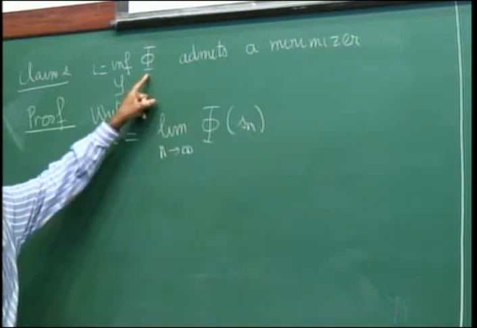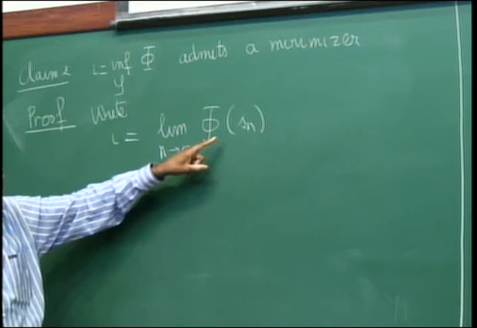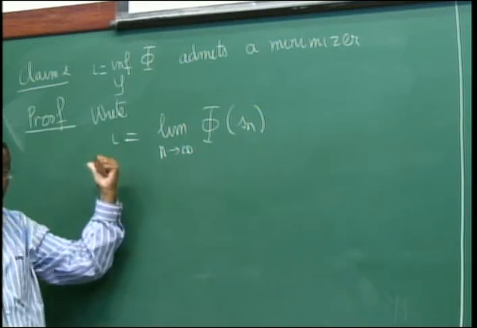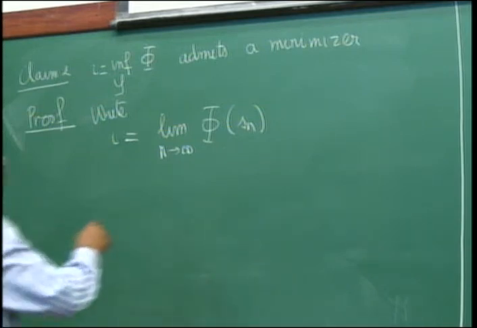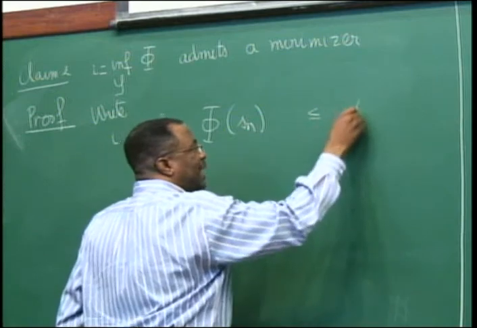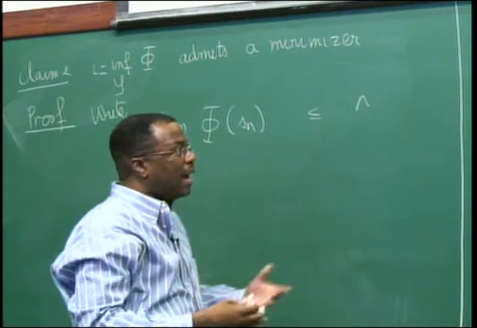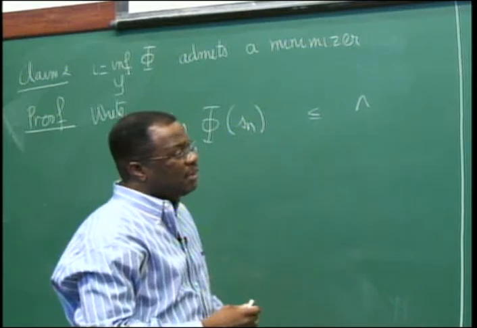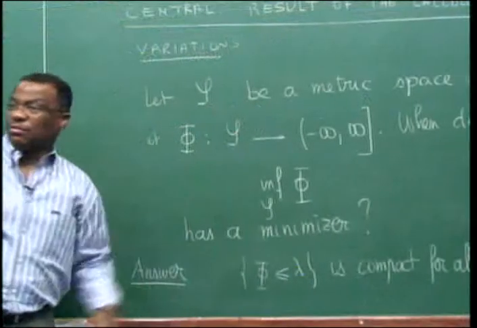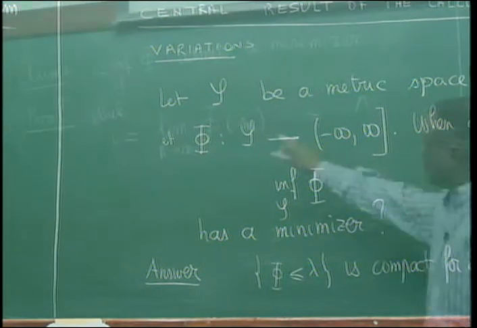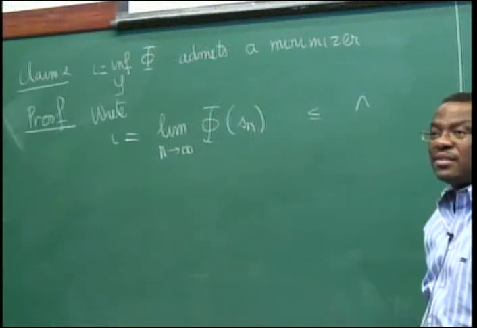If I have an infimum of phi, then there exists a sequence Sn such that phi of Sn decreases to I. So this infimum is smaller than any value. So I pick an arbitrary S here. This infimum will be smaller than phi of S, and I call this lambda.